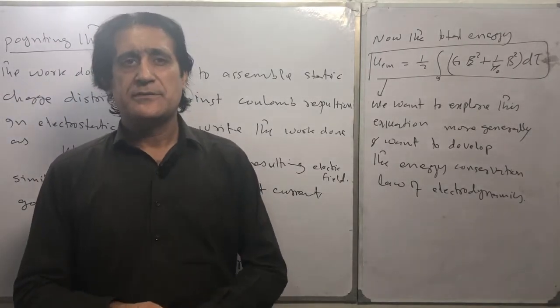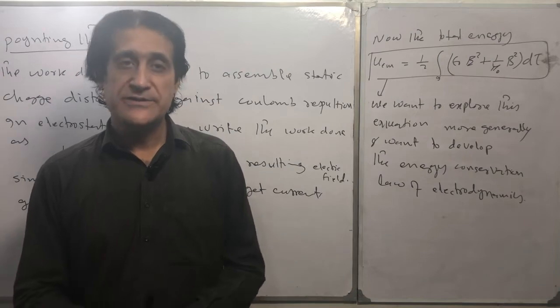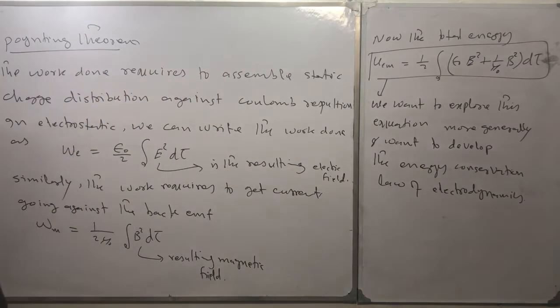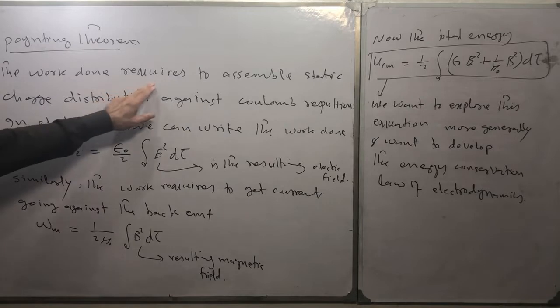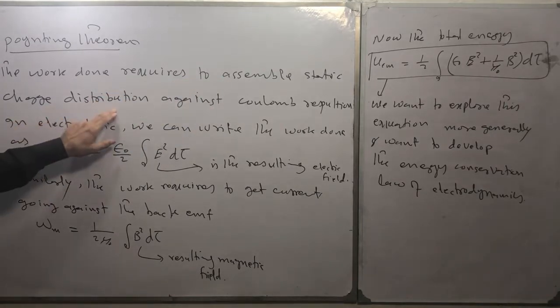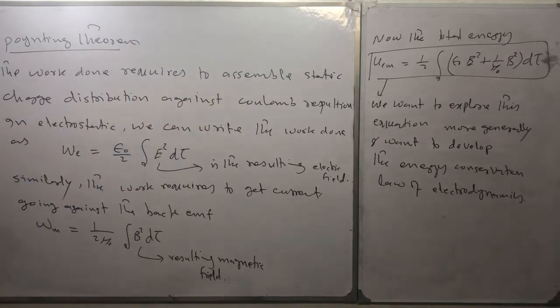Pointing vector, I'm going to discuss this theorem. The work done requires assembling a static charge distribution against Coulomb repulsion, and in electrostatics we can write the work done as this.